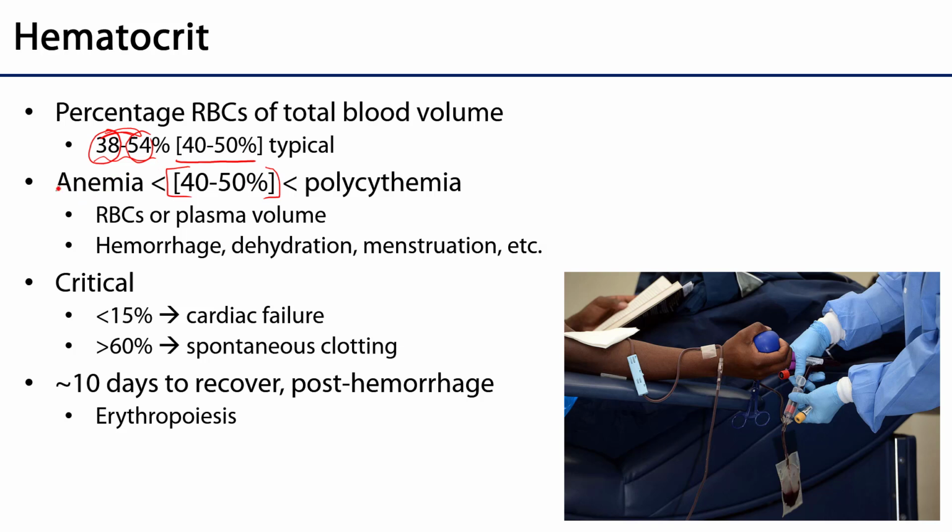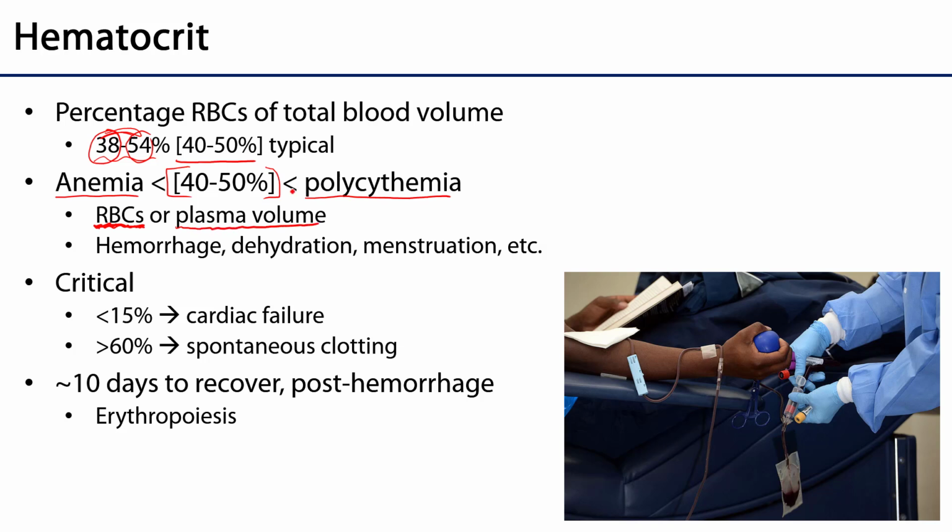Much below that, so below 40%, is a condition known as anemia, which we'll discuss. And above that is polycythemia, which we have discussed. So this can be affected one of two ways. It can either be affected through the elevation or diminished amount of red blood cells, or it can be affected by the total amount of volume, right?